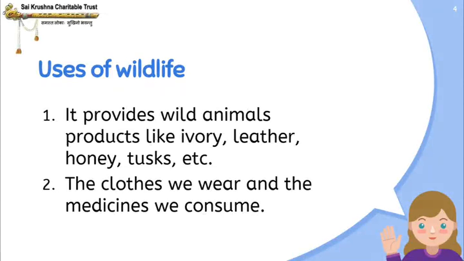Okay, so let us see what is the meaning of ivory and why it is used and where it is used. Okay, so ivory is nothing but you get ivory from the tusk of an elephant or any other animals. Okay, so now what do you mean by tusk? Tusk is nothing but the teeth of an elephant. Have you seen the teeth of an elephant? Yes.